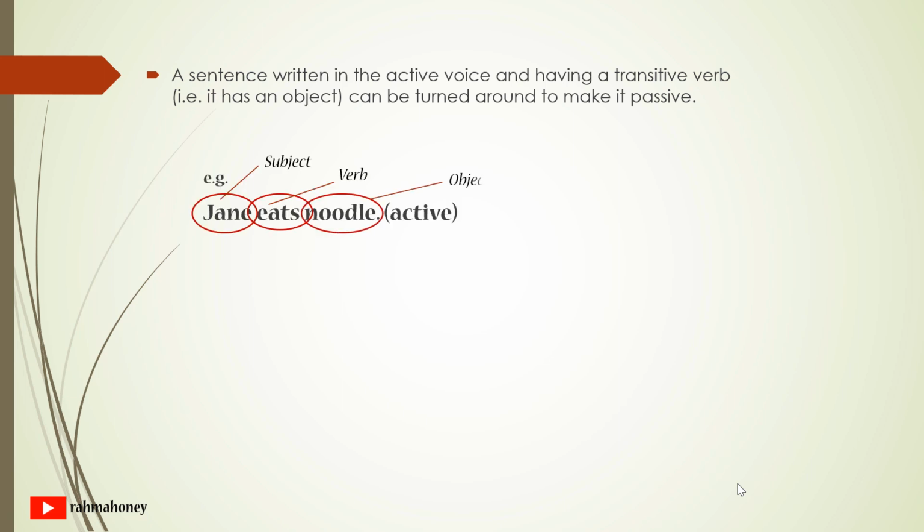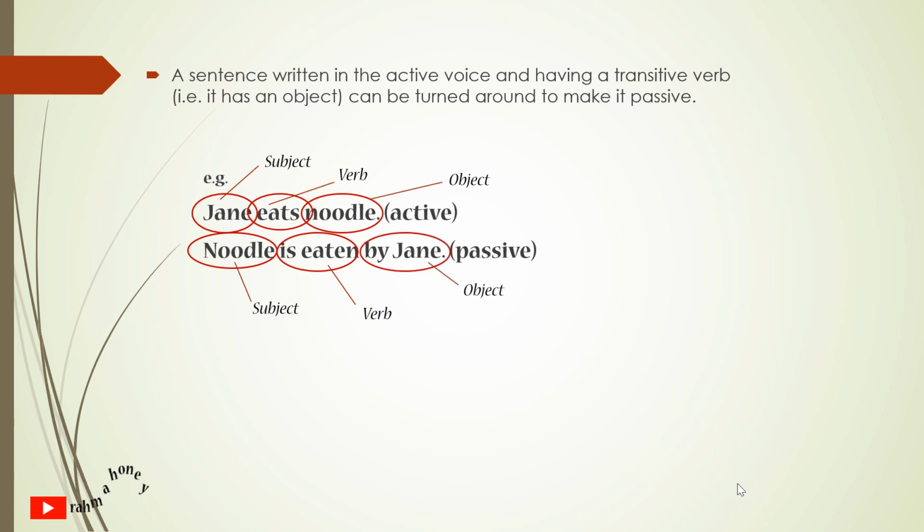For example, Jane eats noodle. Jane as the subject, eats as the verb, noodle as the object. In this sentence, Jane performs an action, that is eating noodle, so it constitutes an active sentence. Because this sentence has an object, it can be turned around into passive. For the passive one, it must be noodle is eaten by Jane.